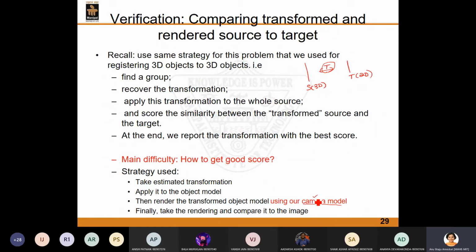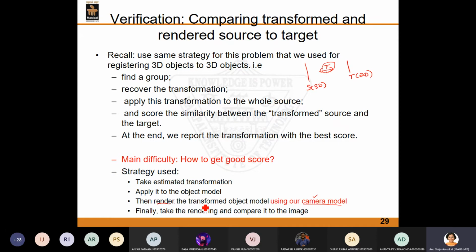Using this camera model, we take a 2D image of this transformed source object. This method of using the camera model to take a 2D image of the transformed object is what we call rendering. So we are rendering the transformed object model.